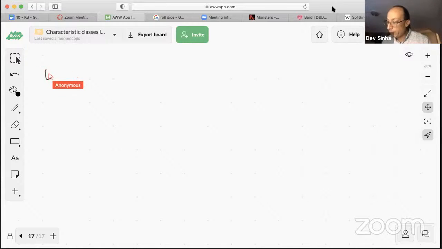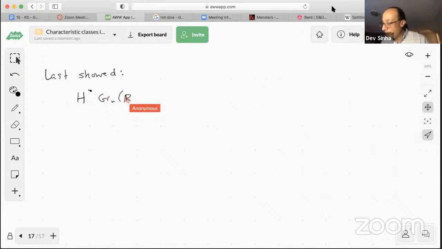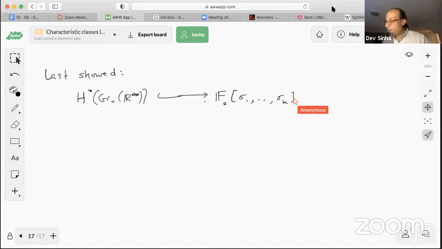And so last time we showed that if we took the cohomology of the Grassmannian of n-planes in R infinity, then that actually injects as the symmetric polynomial algebra generated by elementary symmetric polynomials in the cohomology of a product of n factors of RP infinity.